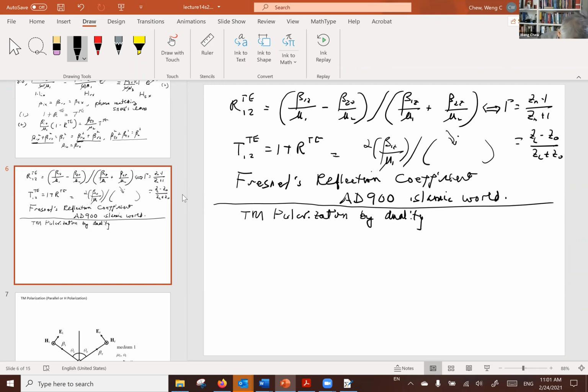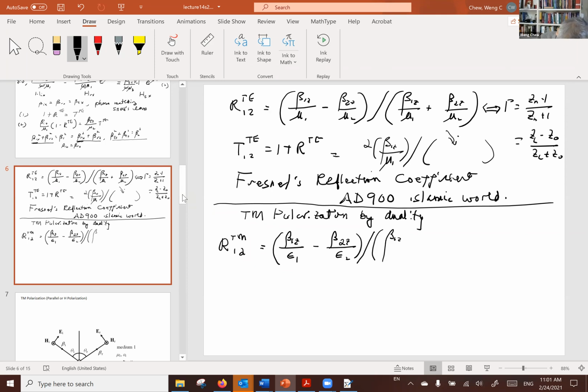Okay, and you can say RTM 1,2 is equal to beta 1z over, instead of mu1, you use epsilon 1, because you have to do the swap for media as well. You have to replace the media epsilon with mu and so on. And then beta 1z over epsilon 1 plus beta 2z over epsilon 2. So this is for TM polarization.